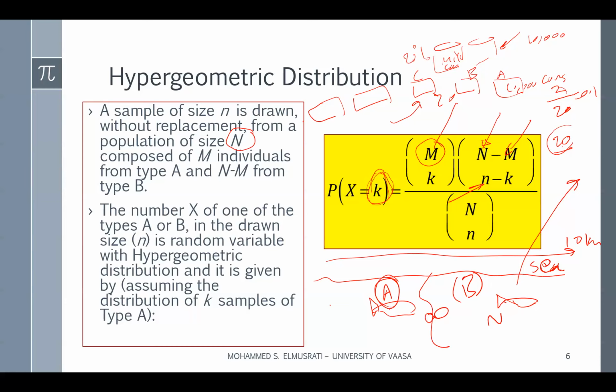Now you would like to check which one has these contaminated cans. Of course it is not possible to check the 10,000 from every shipment. It will take a lot of time. You will destroy a lot of cans in order to check, and many other problems.